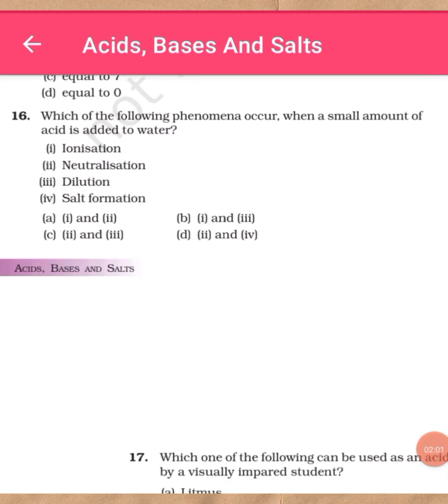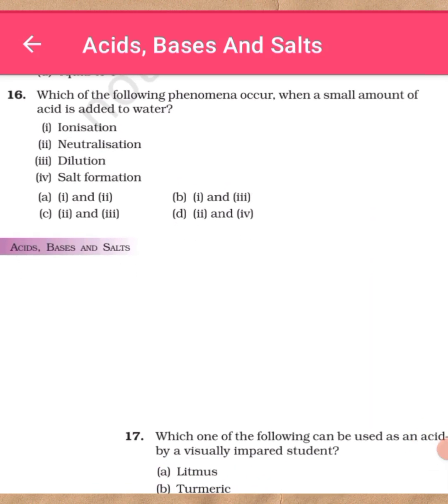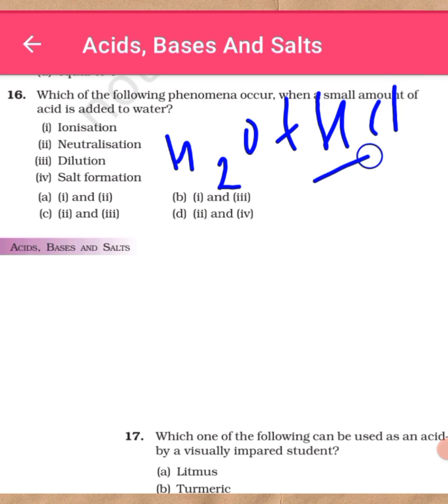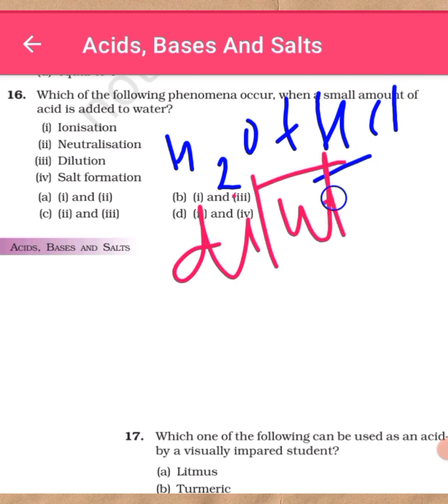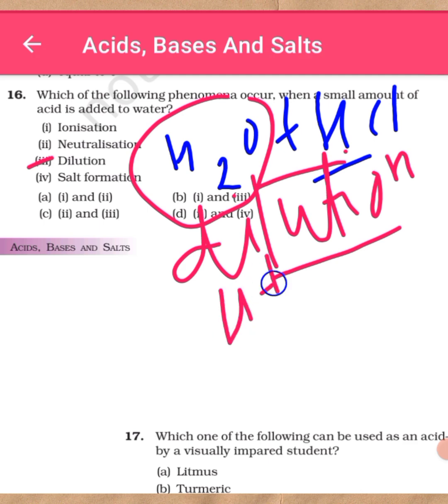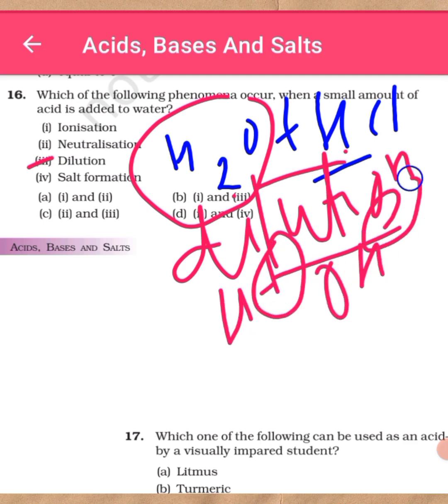Next question is question number 16. Which of the following phenomena occur when a small amount of acid is added to water? When water is added to acid, it means dilution takes place. Addition of water to acid is dilution, and water addition will bring about ionization also, that is H+ and OH-, hydroxyl ion and H+ ion.